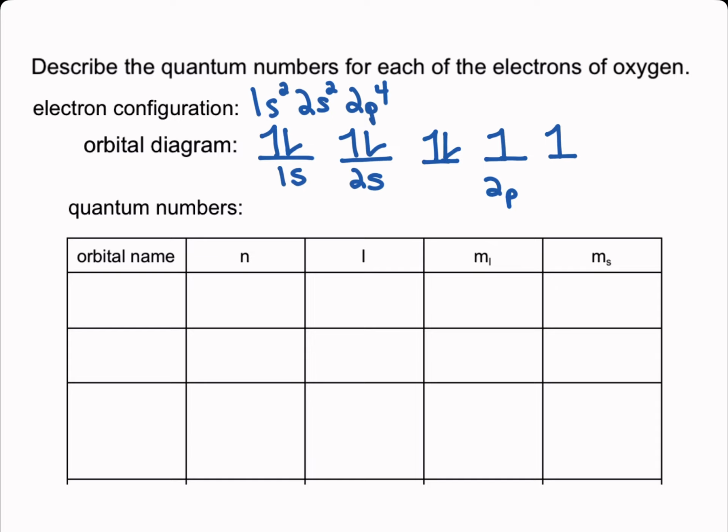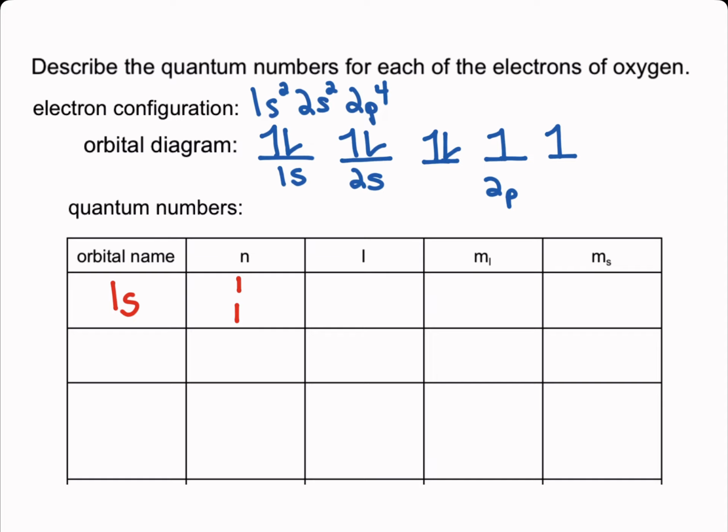So in subshell 1s, there are 2 electrons. And the quantum number n is going to be this whole number, 1. It's always going to be the whole number. So in 1s, I have principal quantum number 1, 1.